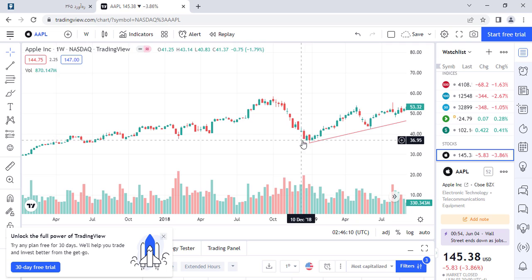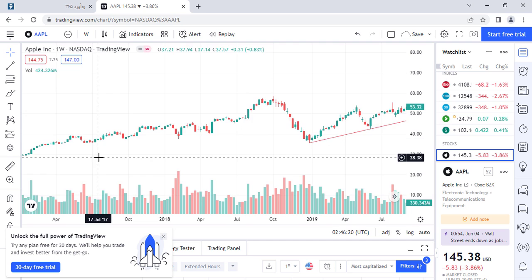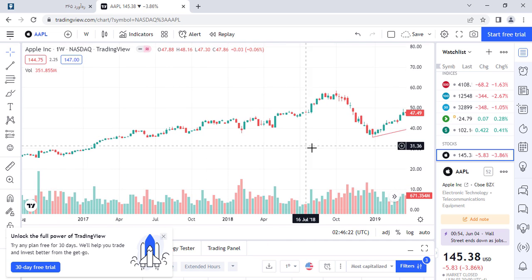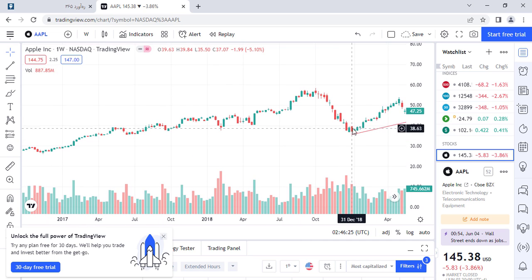On the other hand, this candle has a big volume. Also, this candle has big volume, but it's near the support line.